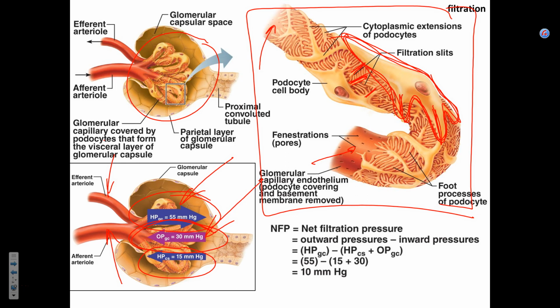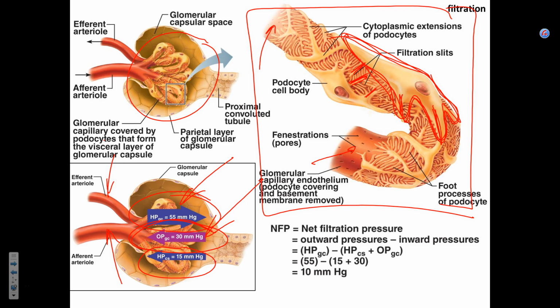Imagine them being somewhat like amoeba cells, spreading the foot processes all over the capillary wall, surrounding the capillary from all sides. Does that make sense? Do you see that here?